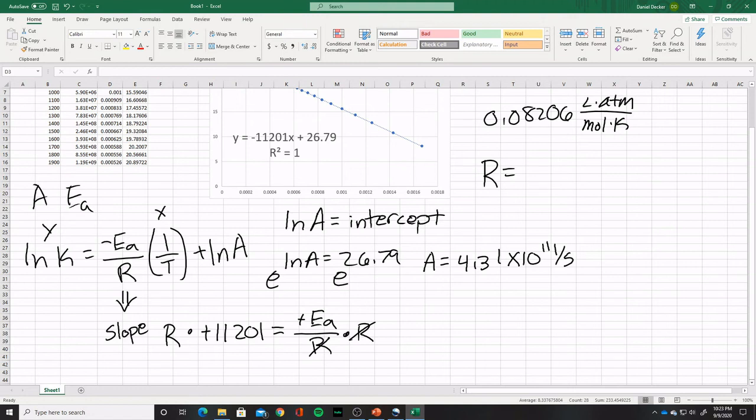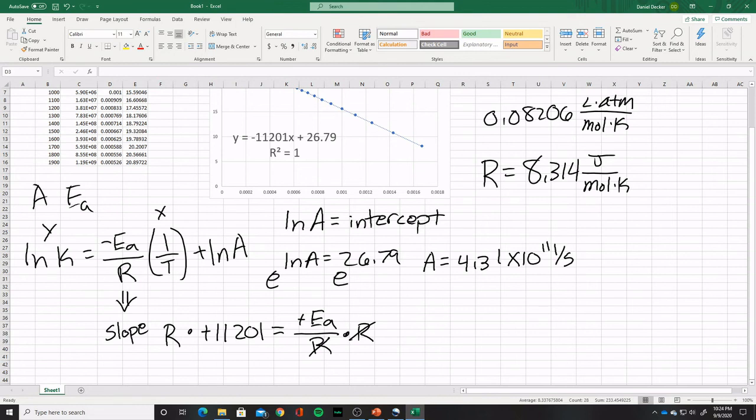Nobody really likes to use that, and so we're going to use joules instead. So 8.314 joules per mole K. I just remembered as 8 pi. So 8.314 joules per mole K. So we're going to multiply that by 11,201.